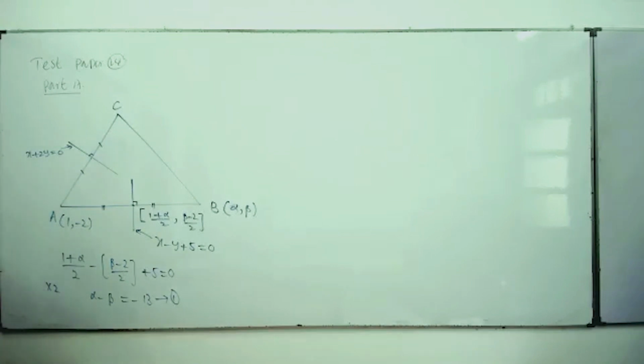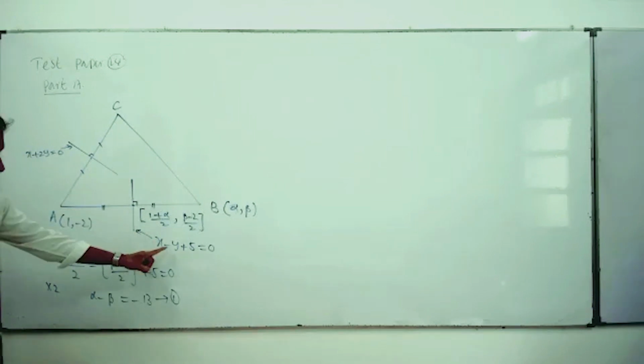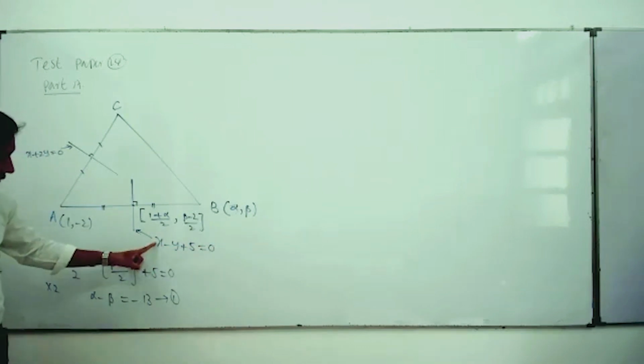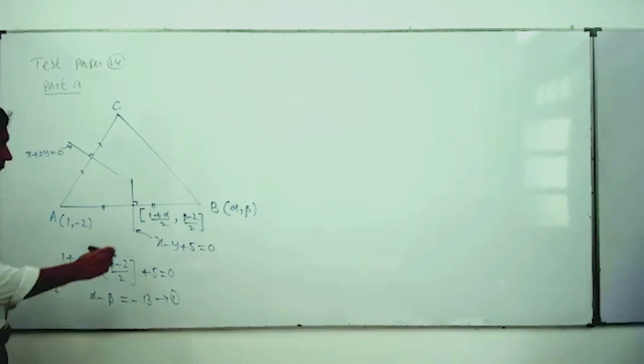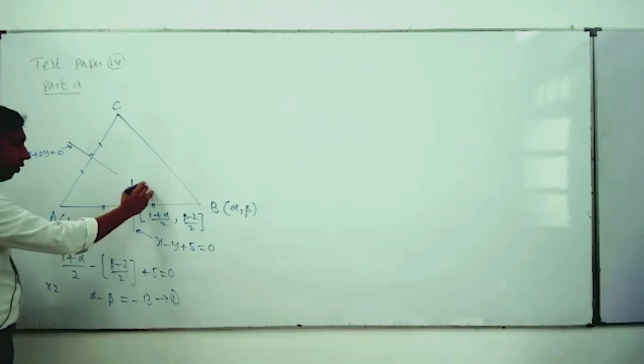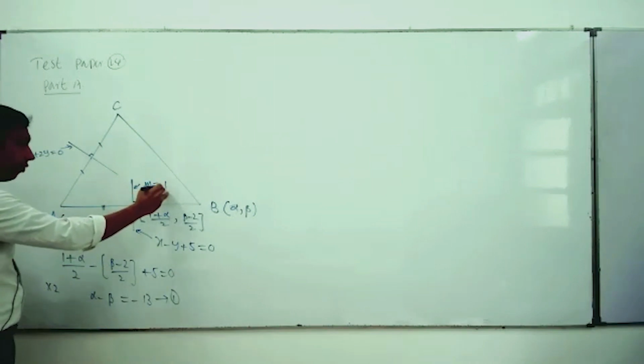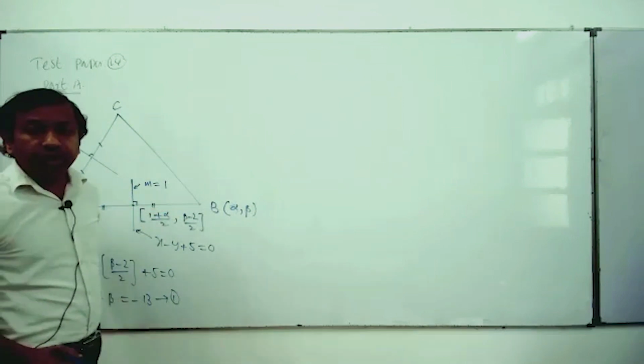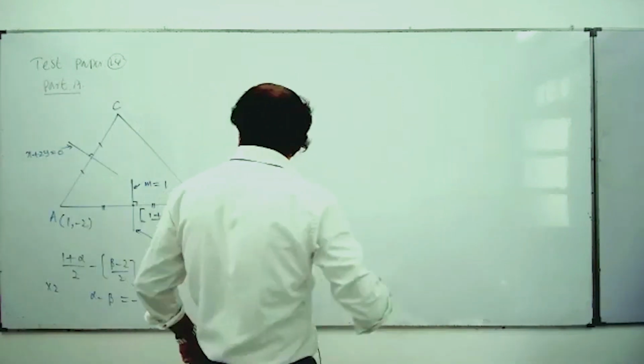For the other equation, we can take the gradient of this line. When making y the subject, the x coefficient is the gradient. The gradient of this line is 1. Now the gradient of AB you can find. How to find the gradient?